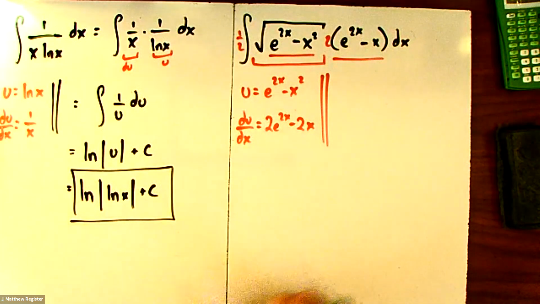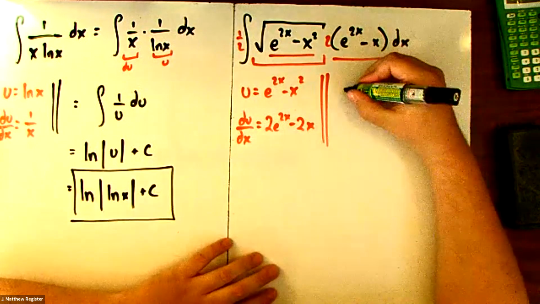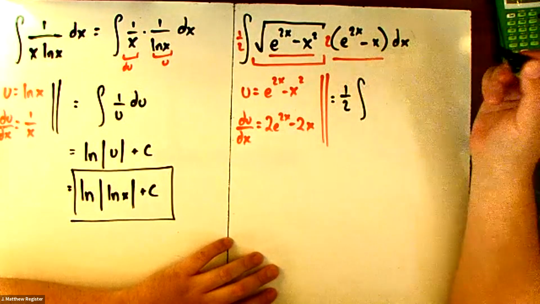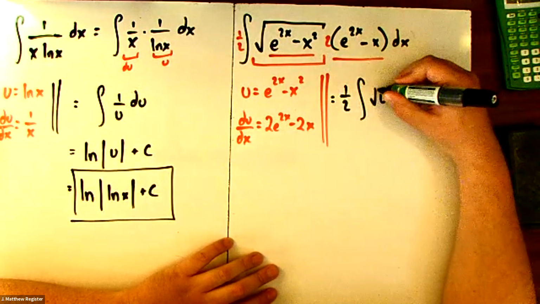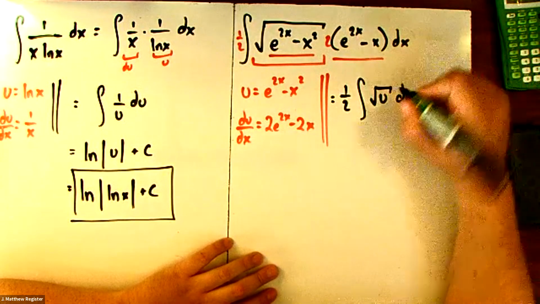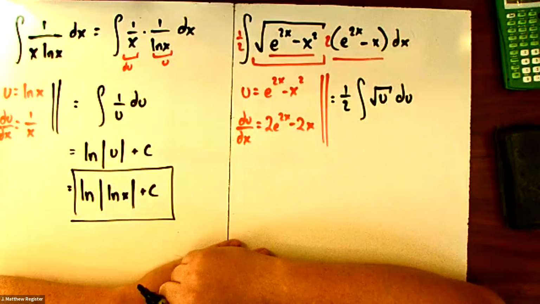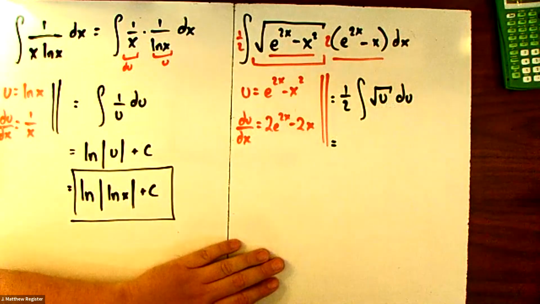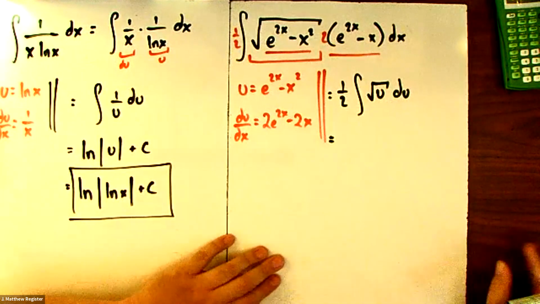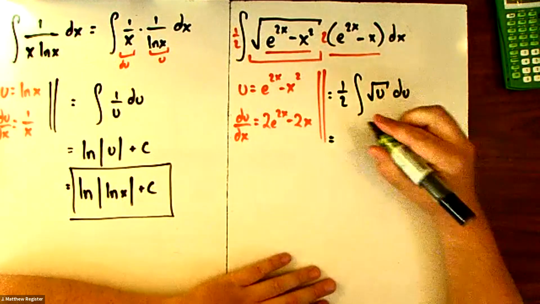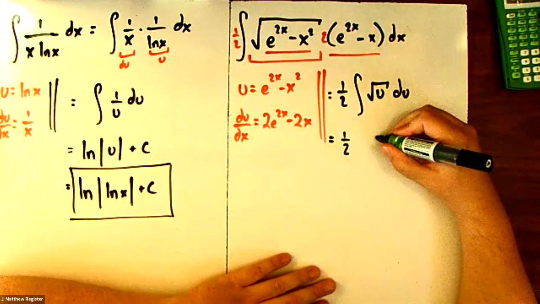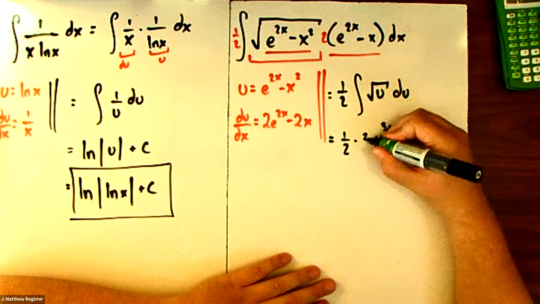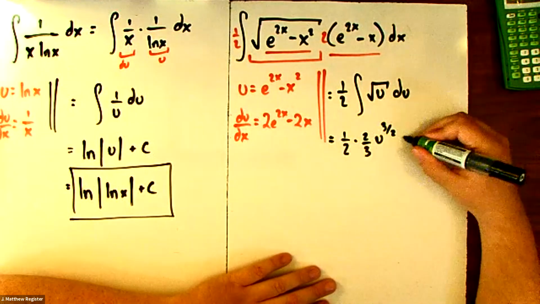And now this long integral is going to become 1/2 the integral of the square root of u du. Much simpler. From here, we can integrate like before. So the integral of square root of u, well, this is u to the 1/2. So it would become u to the 3/2. And then we need to multiply it by 2/3 to balance it out.